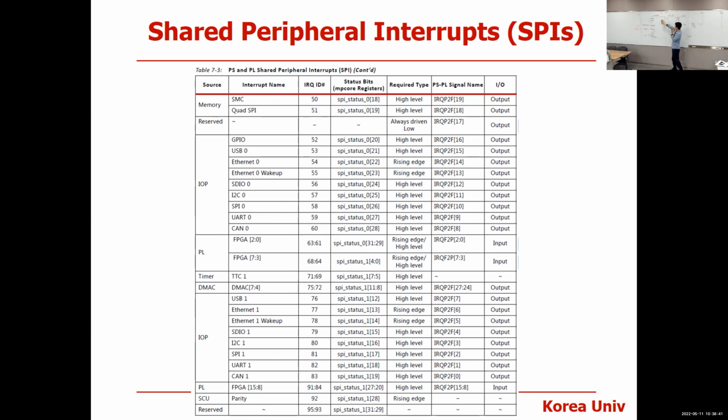Then let's talk about your distributor and CPU interface. When the ARM architects designed this GIC, they had multiprocessors in mind. So you can have up to 8 ARM CPUs in your system.